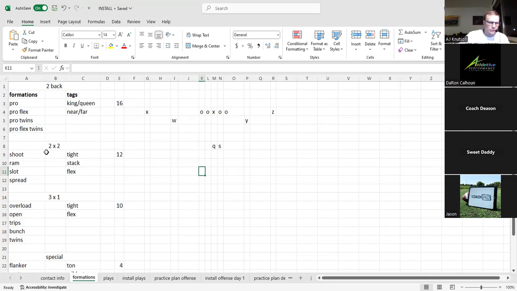You may only have 2x2 formations. You may only have these four and then some tags, and that's fine. That's great for your offense. But I also want you to think about what I learned as a coach, especially way back when I first started: scout formations. Even if you only run 4 formations, you should learn how to name 60 to 80 formations.